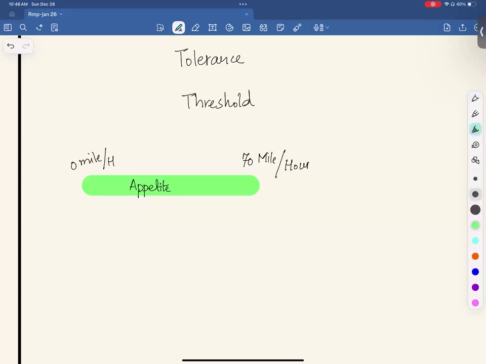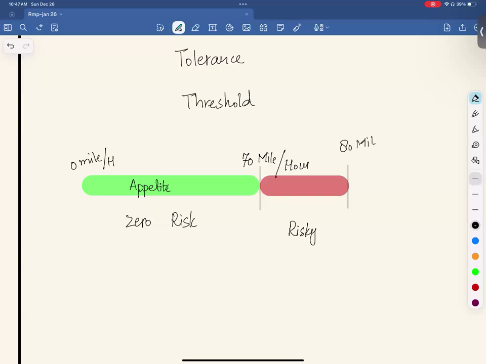But this is the region which is allowed, but it is dangerous. The green zone is risk-free, zero risk. Then it's risky, let's say 70 to 80 miles.